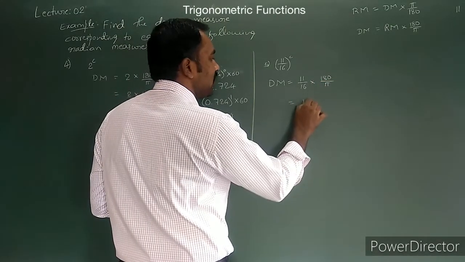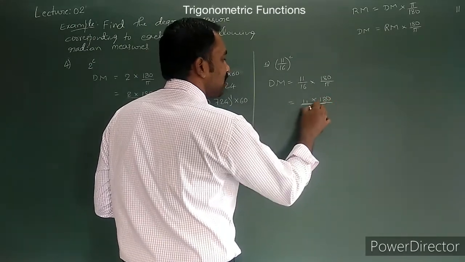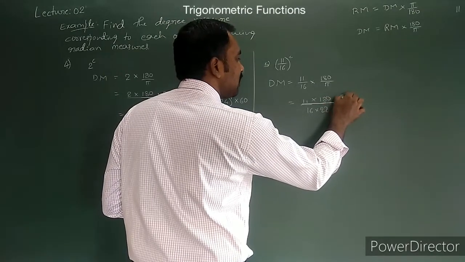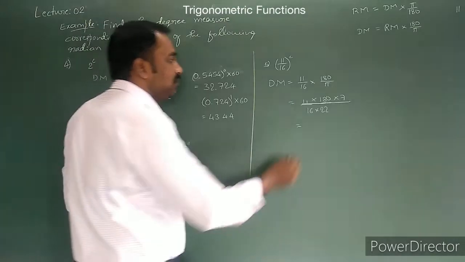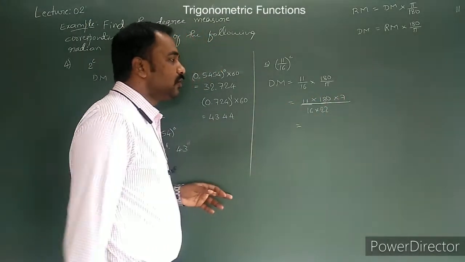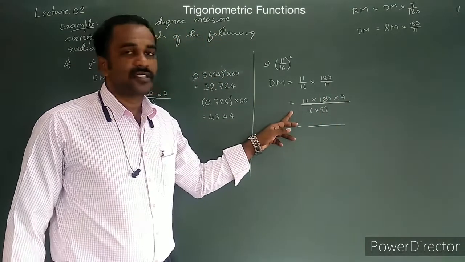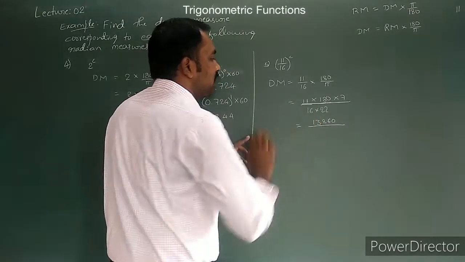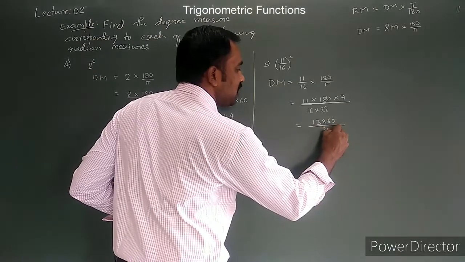Replace the pi: 11 into 180 divided by 16 into 22 by 7, 7 taken to the numerator. What will we get? 11 into 7 is 77. 77 into 180 is 13860 divided by 16 into 22, which is 352.